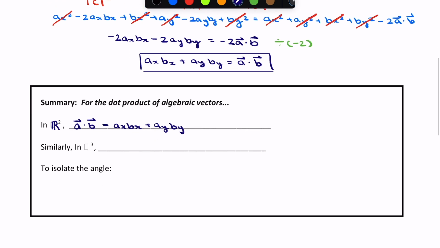So similarly, if we look at it in 3 space, or R cubed, it's equal to ax bx plus ay by plus az bz.